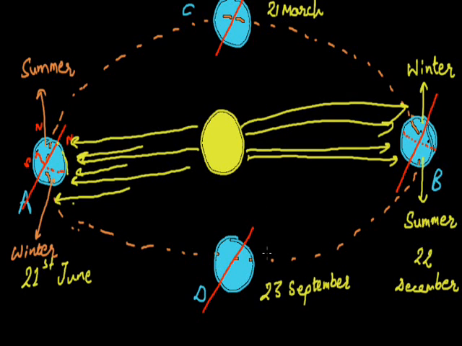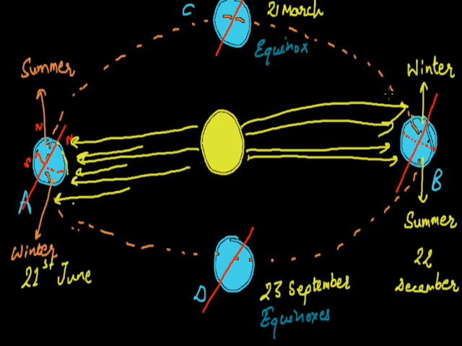Now 21st March and 23rd September are the days when the duration of day and night are the same. These days are called equinoxes. This 21st March and 23rd September are equinoxes.